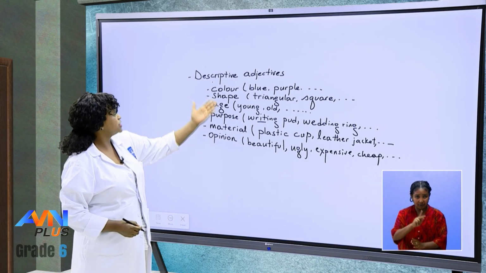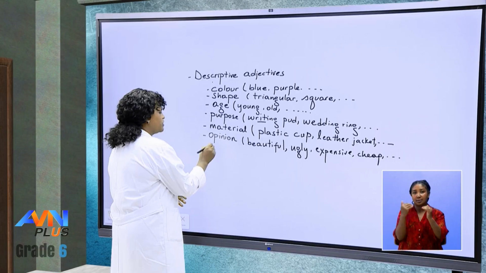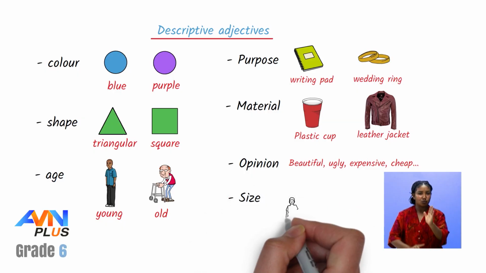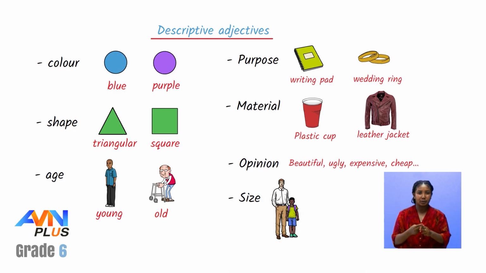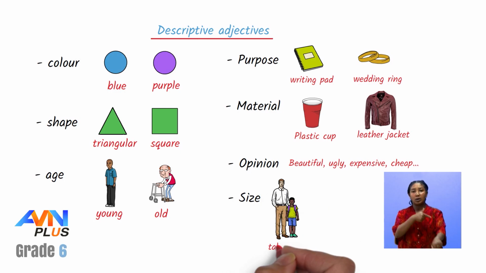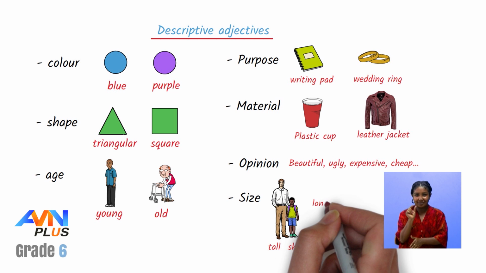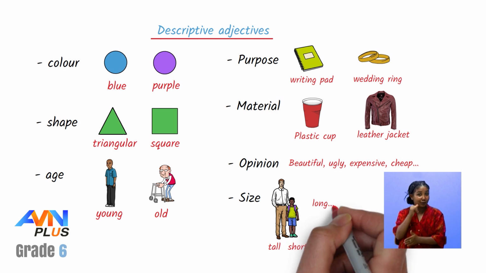What do we say? Size. Size is obviously common. For example, you say tall, short, long, huge, small, tiny. These are all adjectives of size.